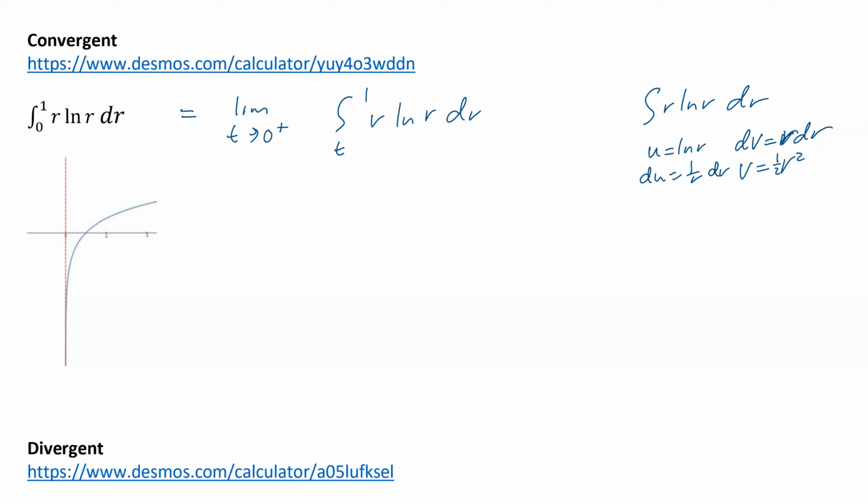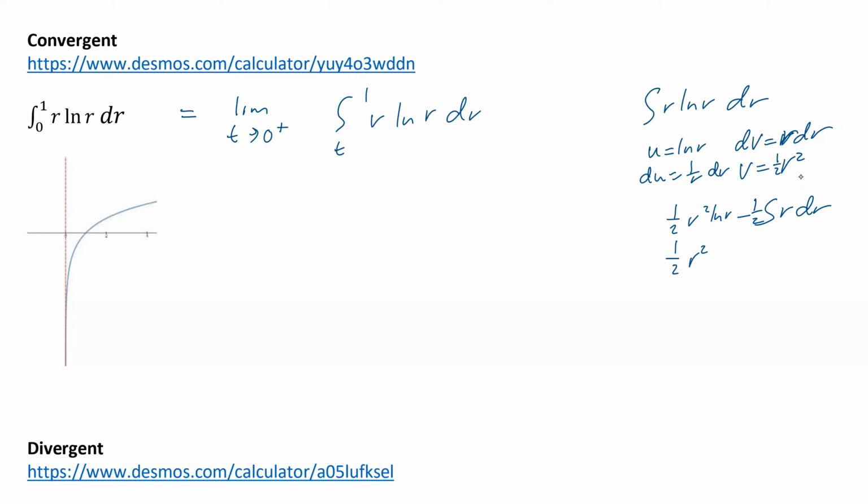And so we end up with uv, so 1/2 r squared ln r, minus the integral of v du, so 1 over r times 1/2 r squared. That ends up being 1/2 r dr. Just continue.